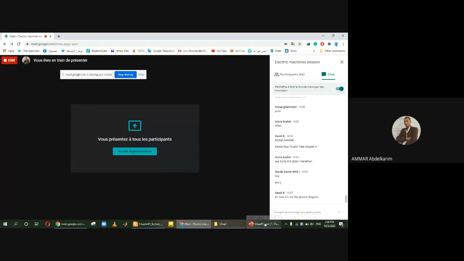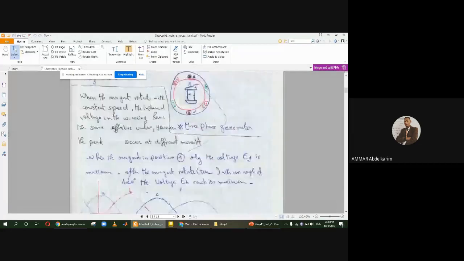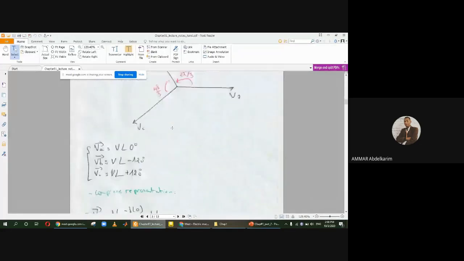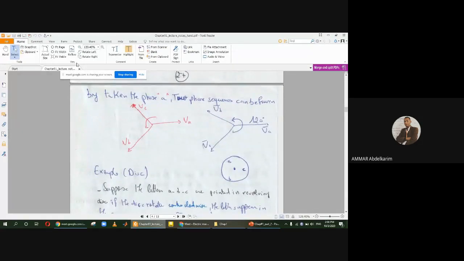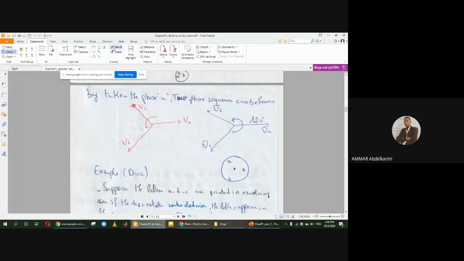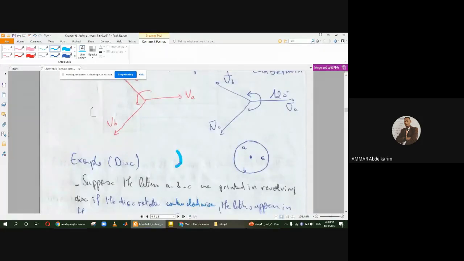Okay, we didn't talk yet about the phasor diagram. Here in our course, we have described an example to clarify the phase sequence when we have a disk. For example, you can see here we have a disk and we stand here.